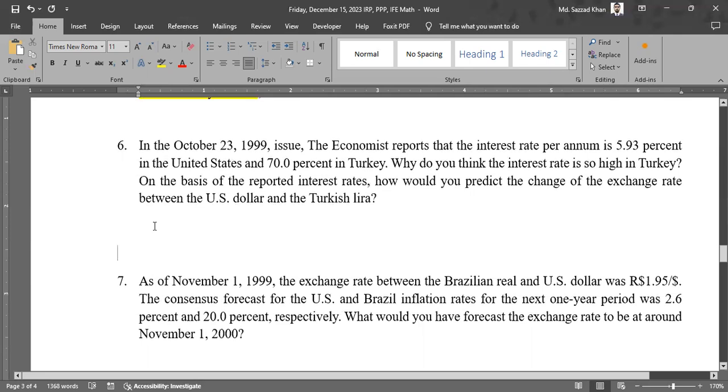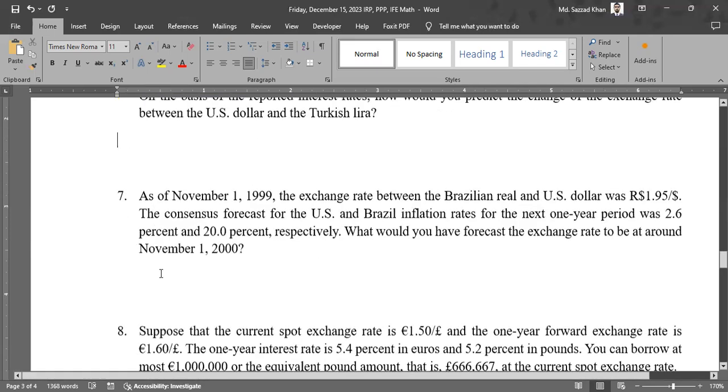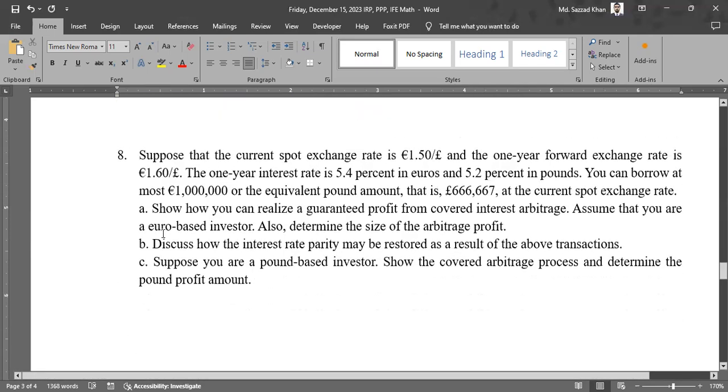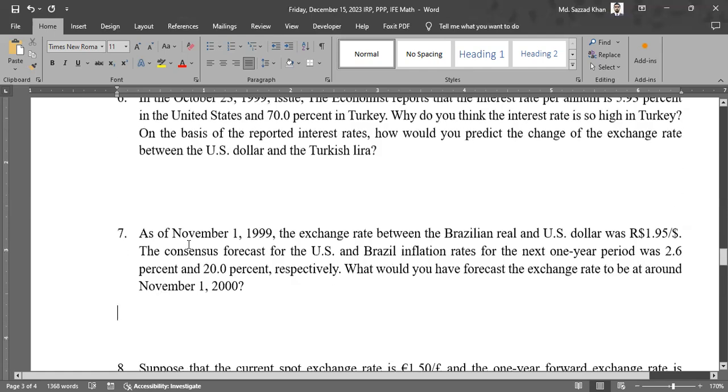Okay, number 6. Let us do number 6. Or do we need number 6? Okay, before doing number 6, we should do number 7. Then we do number 6 and the rest of them you do on your own. Okay.